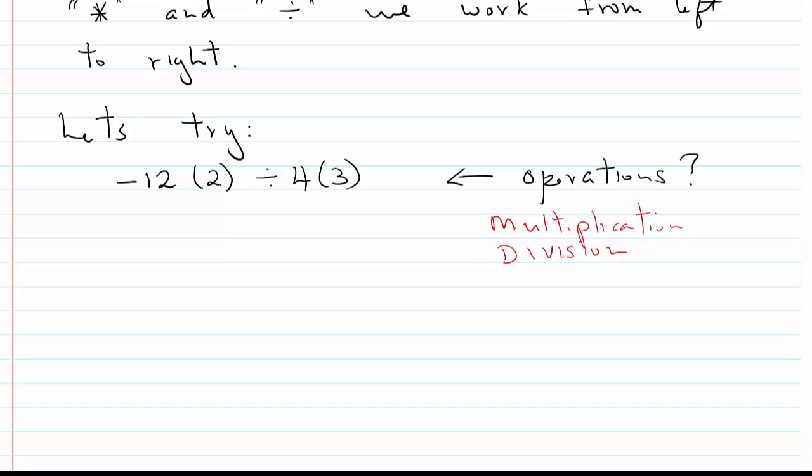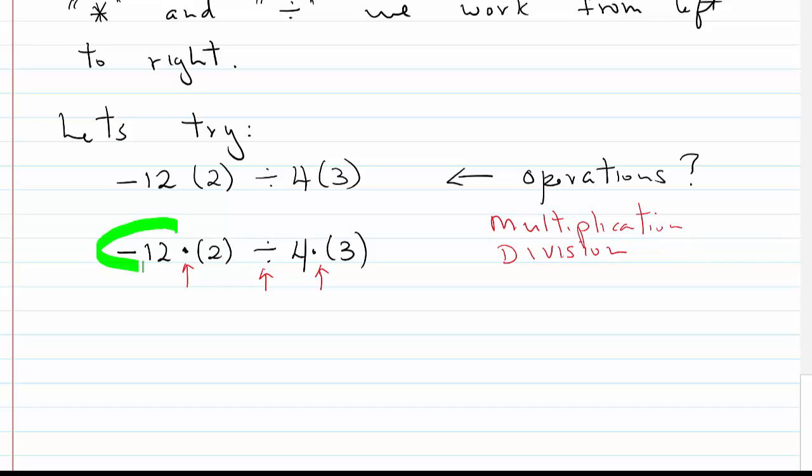Where are we getting that from? -12 times 2 divided by 4 times 3. The multiplication is here, and the division is here. So what we'll do first is work left to right.